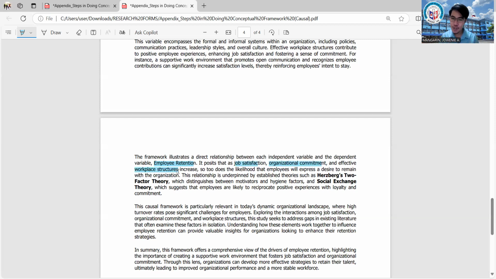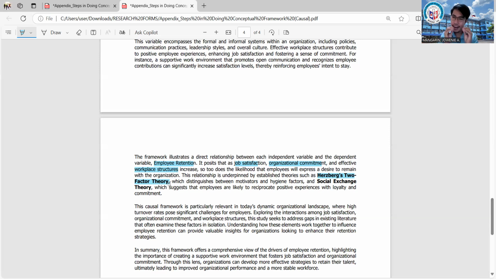Diyan ngayon papasok yung kanilang theoretical framework. Okay, there you go. Di ba sabi ko sa inyo kanina or na-mention ko when we discuss about theoretical framework should not be a display only.